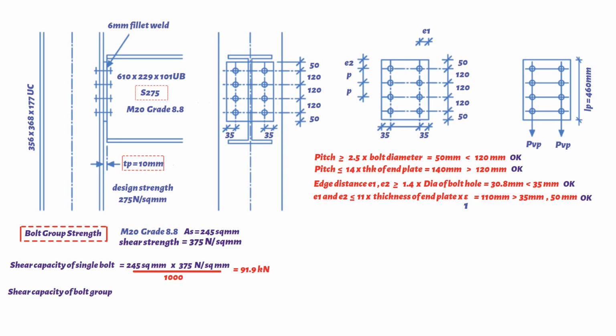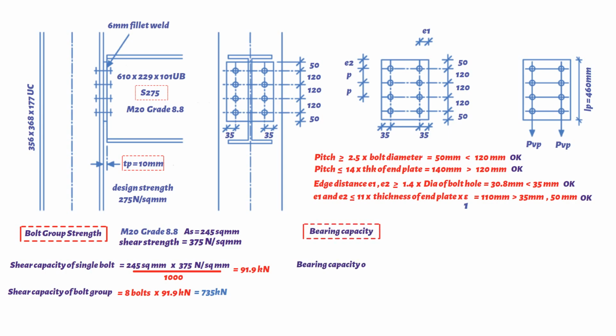Therefore, the shear capacity of bolt group is 8 times 91.9. This results in value of 735 kilonewtons. Following up, checking the bearing capacity of the connection.